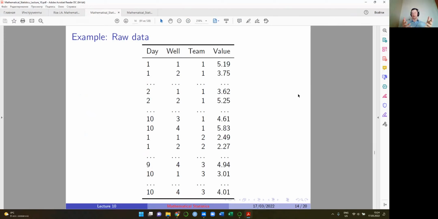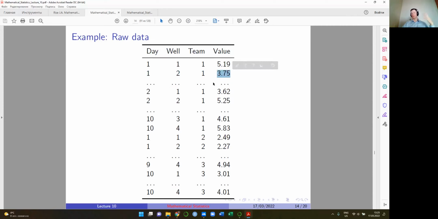You will get something like the following table, the following journal. So day, well, team, and value, like the extraction. So day 1, well 1, team 1, that much. Day 1, well 2, team 1, that much, and so on.